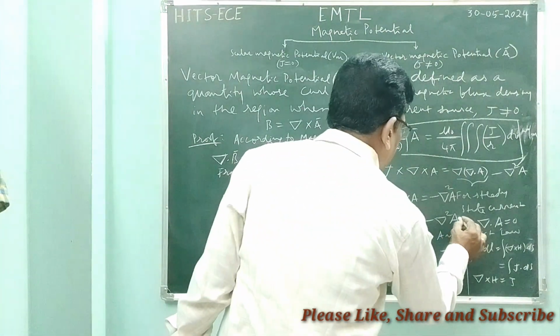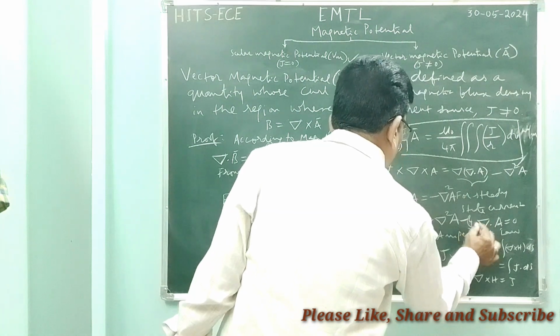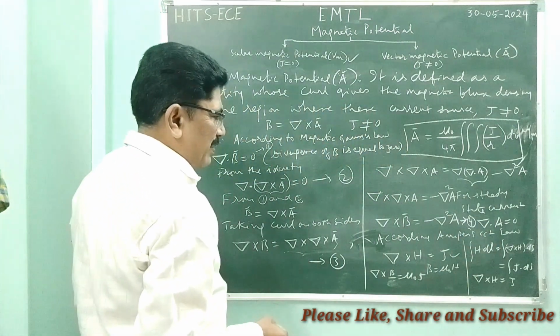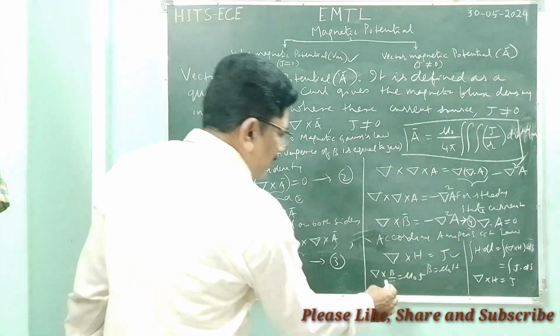Let this be equation number 4. From equation number 4, what is del cross B?